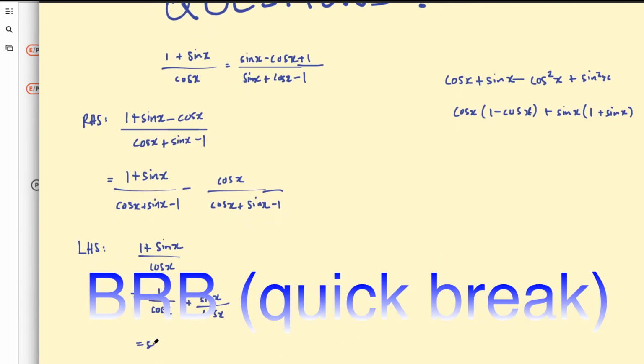Yes. Sec plus tan. There's probably some identity that... can't think of. I'm hopeless at remembering trig identities.